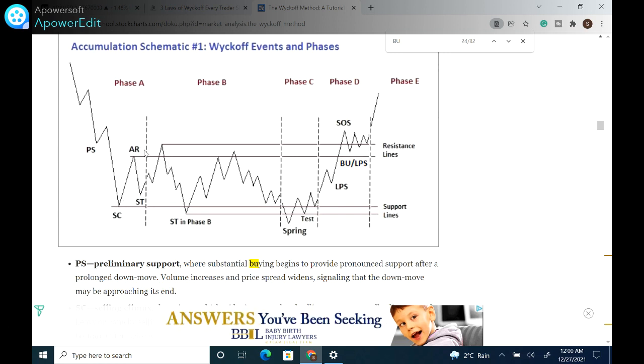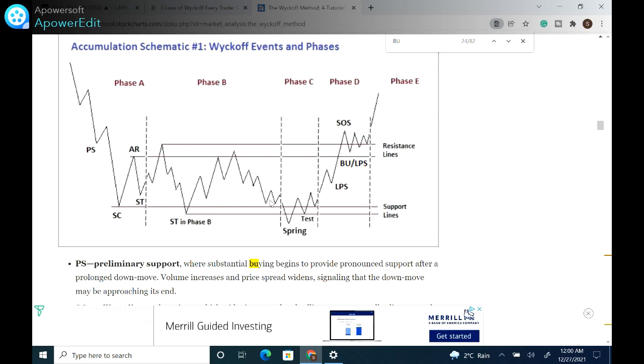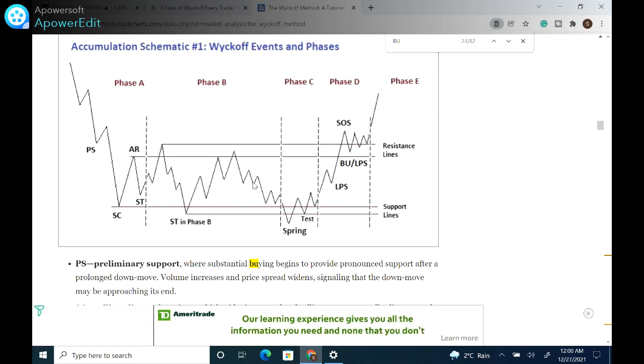In phase B, it basically serves the function of building a cause for a new uptrend. In phase B, we have seen that the institutions or large professional interests are accumulating relatively low price inventory in anticipation of the next markup.